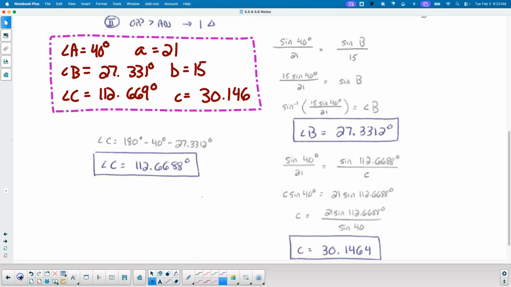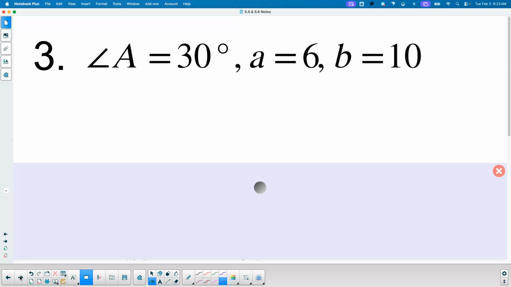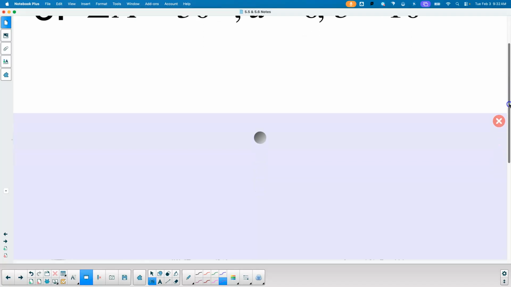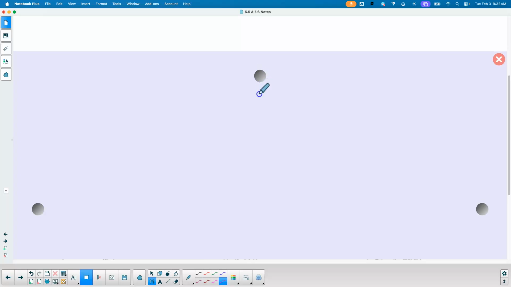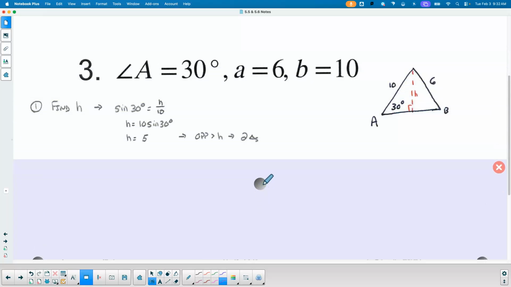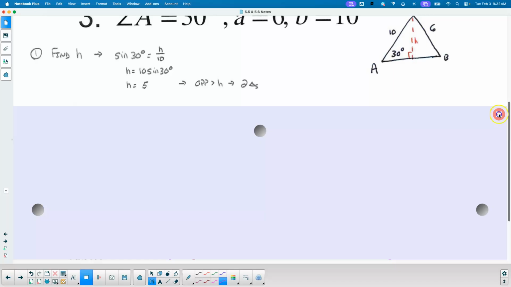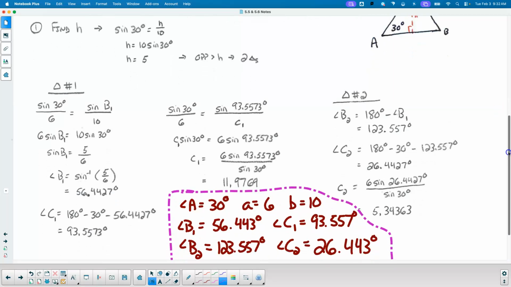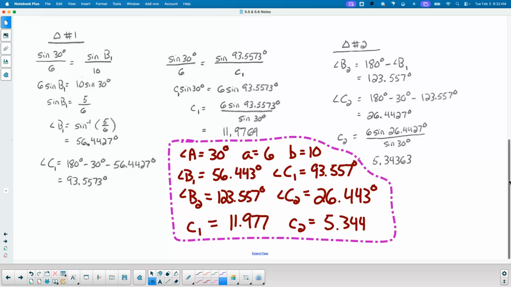All right. Next one. So in this particular one, it's an angle side case, so we have to find the height, and the height turns out to be shorter than the opposite side, so that means that there are 2 triangles. Okay? And the 2 triangles solve out to be that.